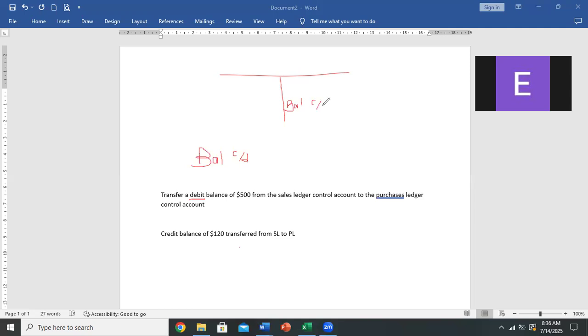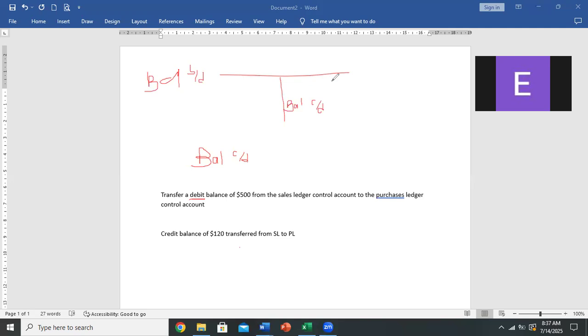But if it is an opening balance, BD, balance brought down, then if it is a debit balance, you put it at the debit, and if it's a credit balance, you put it at the credit.